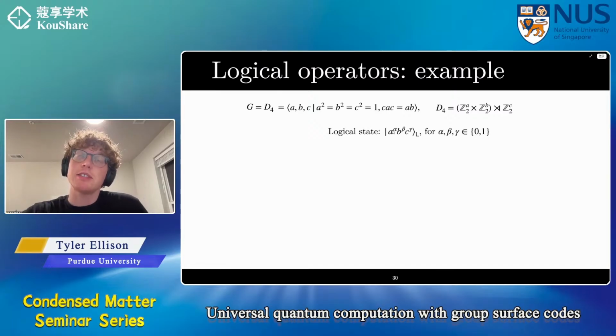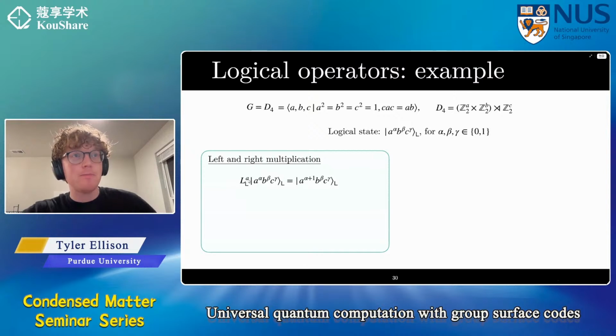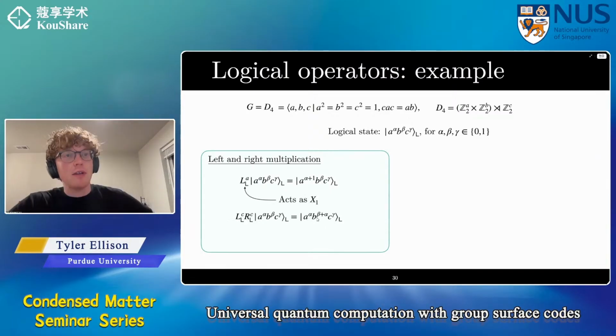And what I'll illustrate here is that at the logical level it takes the logical state labeled by G to the configuration with phi of G on the right.